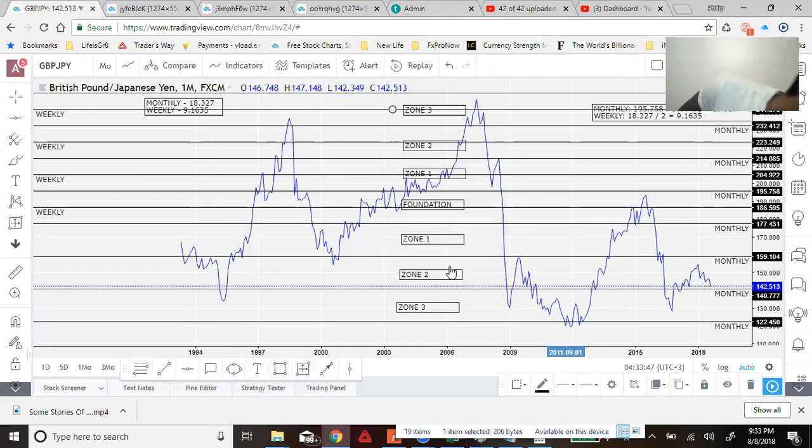To your question, you grab the weekly and then you just add the monthly, because it's going to literally put it right in the middle. So the only time you actually use the weekly number is when you're doing the foundation. So now I'm going to take that weekly foundation number right here, copy, paste.